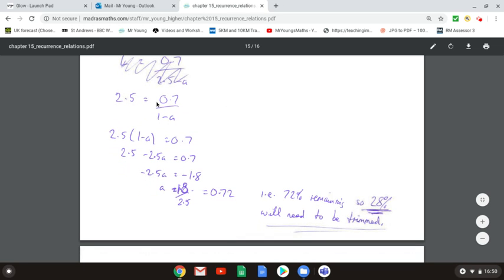Multiply both sides of the equation by 1 minus a, or essentially we're just cross-multiplying up here, and expand our bracket. So 2.5 minus 2.5a equals 0.7. So subtract 2.5 from both sides.